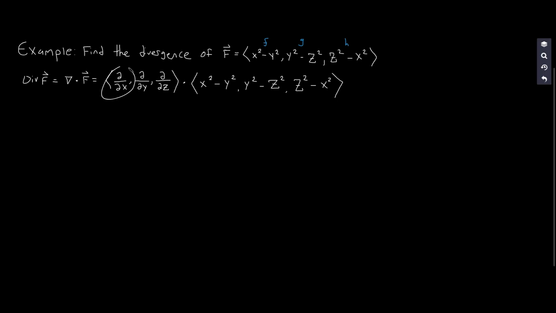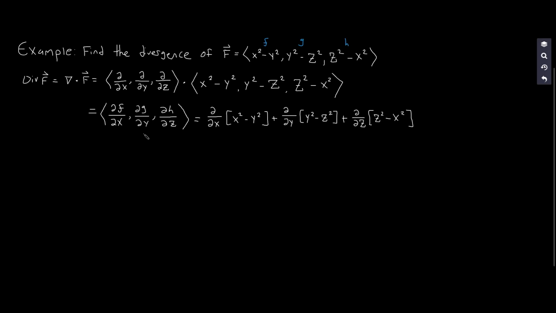All of these components line up together, this one goes with that one. So another way that I could write this out is as follows. This is how we would calculate the divergence of F.